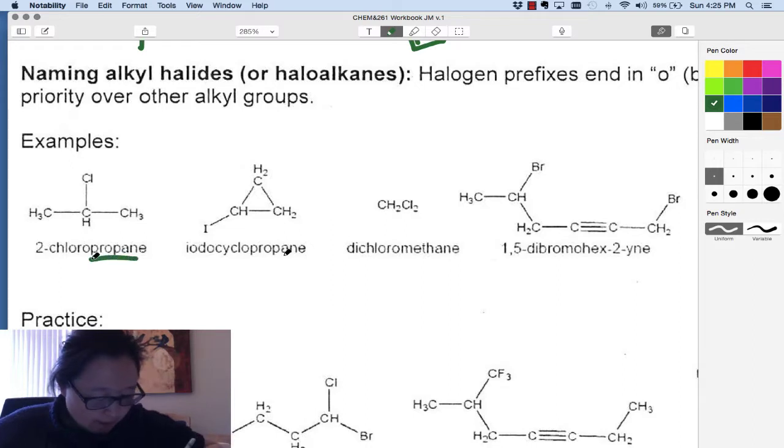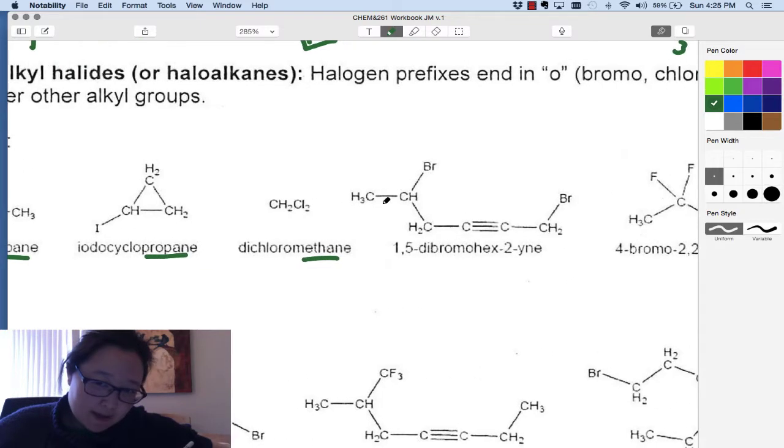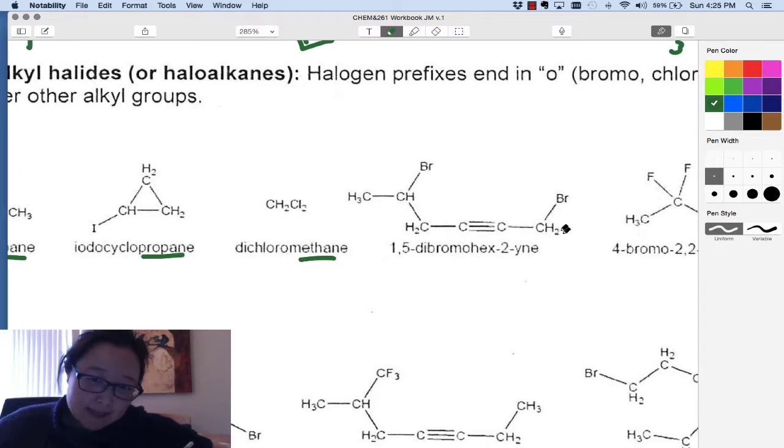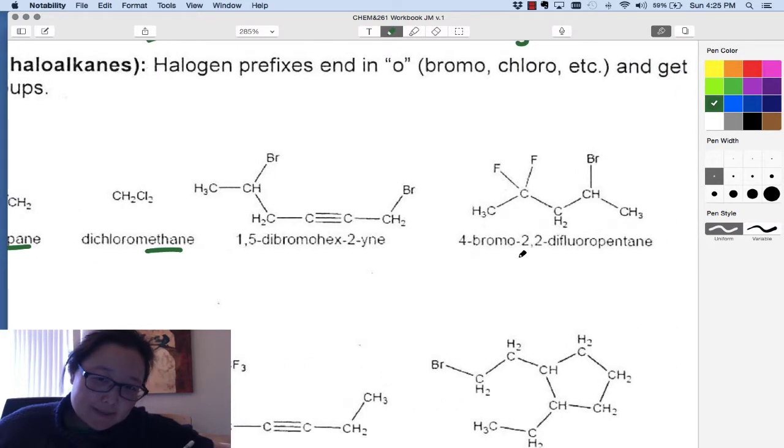So propane chain, cyclopropane chain, a methane because there's only one carbon, a hexyne because this is an alkyne. So we end those in -yne. But you'll learn more about triple bonds next quarter, since we're only really working up through double bonds mainly. And then this is a pentane.